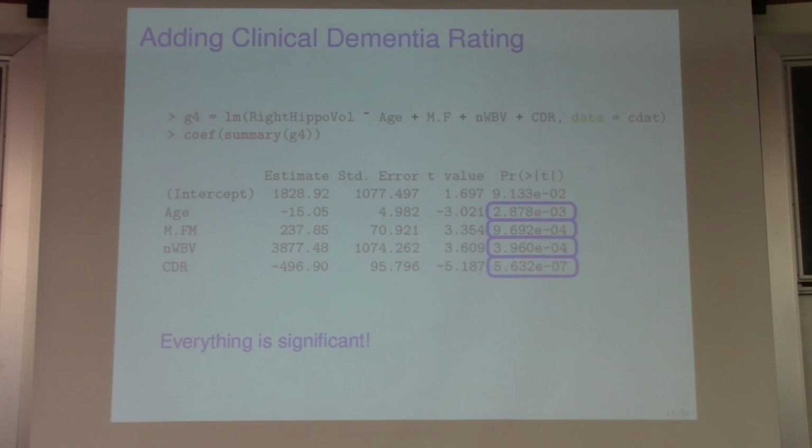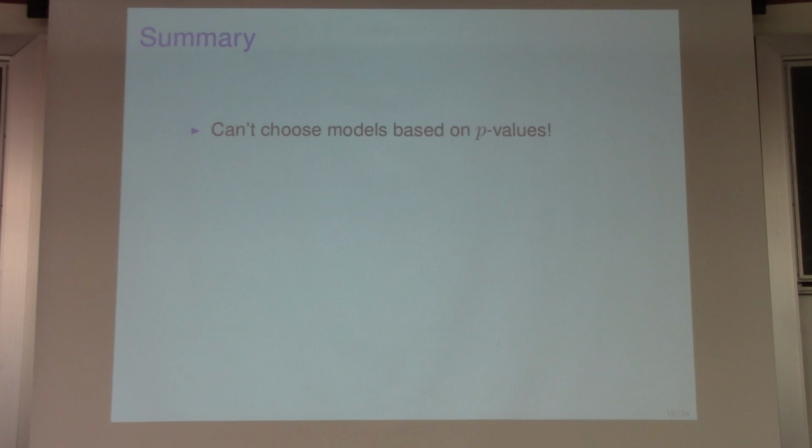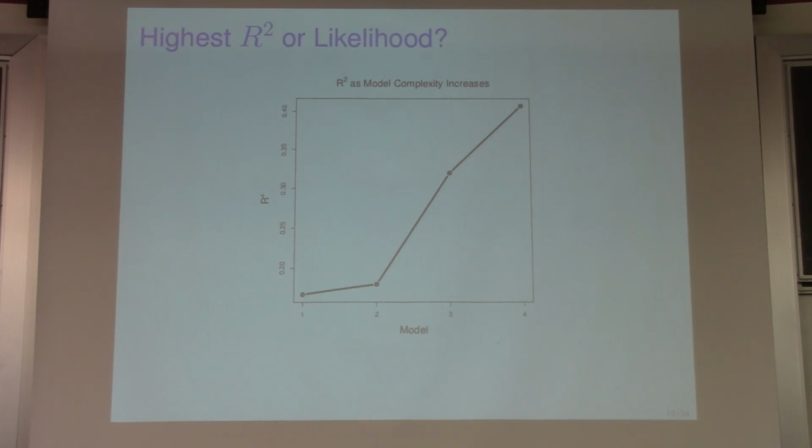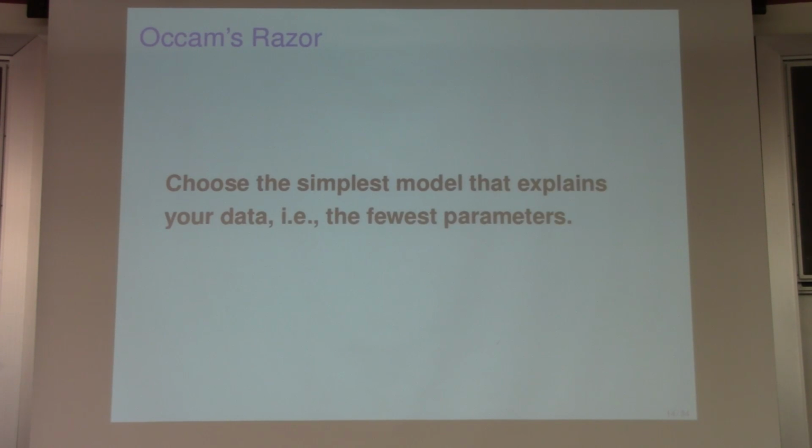So this is just another example there. This is an important point to make: you need a systematic and automatic method for selecting models, and it should be decided before analysis, right? And you can choose based on... I won't go into R squared.